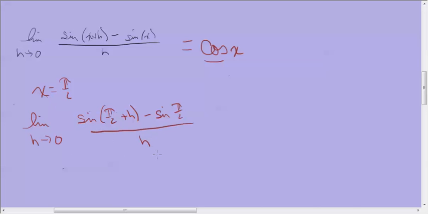Well, again, this is the definition of the derivative. This is the derivative of the sine of x when x equals pi over 2. So what's the derivative of the sine? The cosine. And what's the cosine of pi over 2? Pi over 2 is 90 degrees. Cosine is the x, so that's 0.